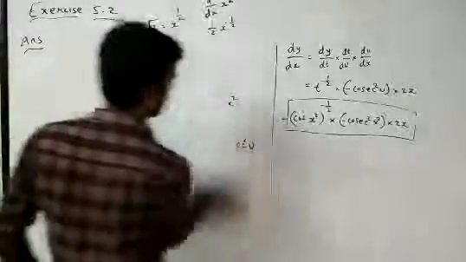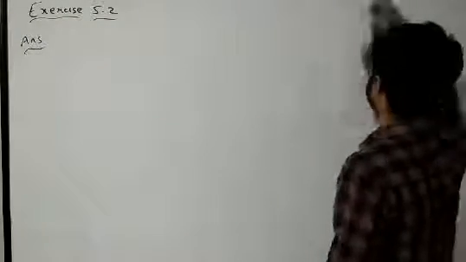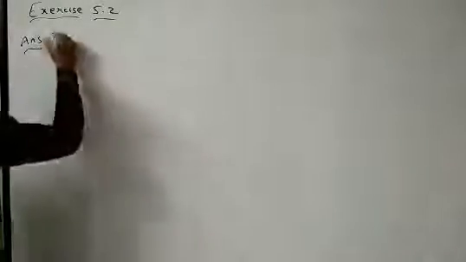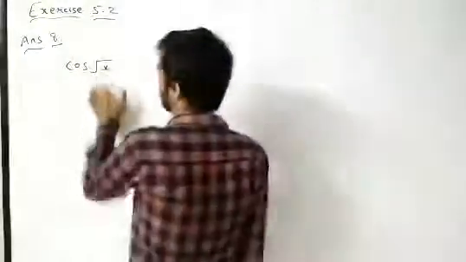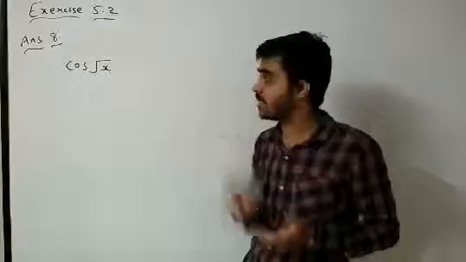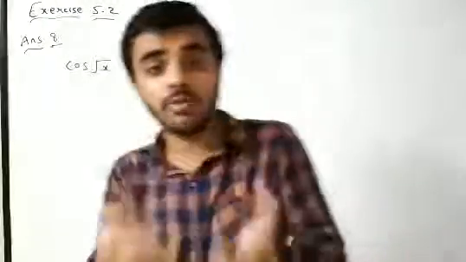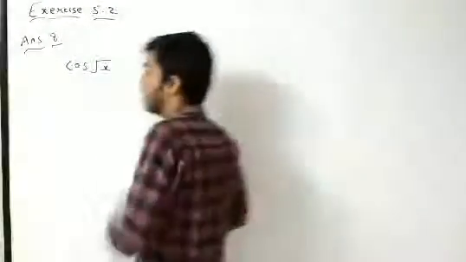So how are we going to find it? Listen, you can do it on your own also. Let us assume under root x is equal to u, then you can find it by using the chain rule. Okay, we can find it, then we have done the method. But today I am going to tell you how you can do it on your own without assuming. Right? Without assuming, how you can do.